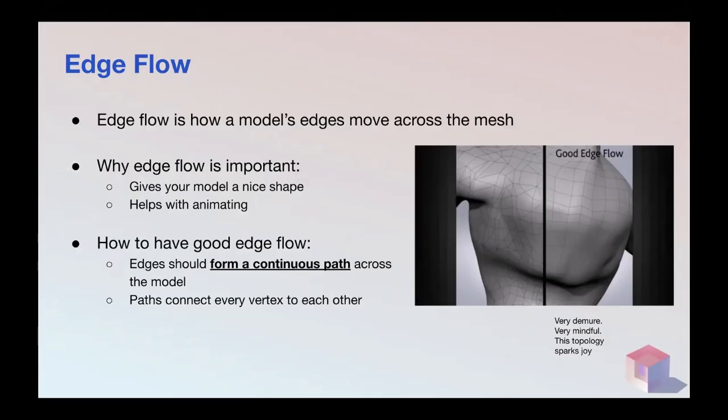It's easier to see what is in what place, instead of a lot of complicated things located on the left side of this picture. And how do you make a good edge flow? Edge flow should be formed in a continuous path. It's not like you just connect weird vertices from very weird dimensions, if that makes sense.